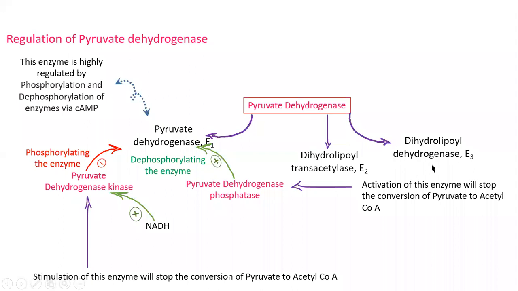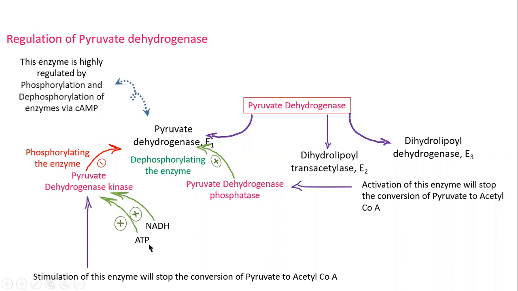Because in the third stage, at the third enzyme, we have a lot of NADH. As the level of NADH increases, this will automatically stimulate this kinase enzyme, this PD kinase. If PD kinase is stimulated, this will inhibit E1. So this is regulatory factor number one.